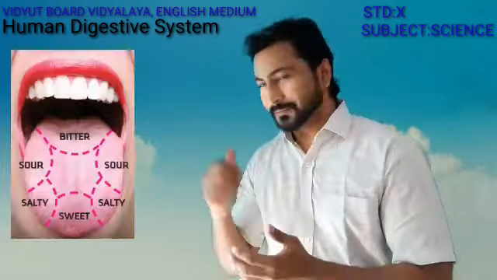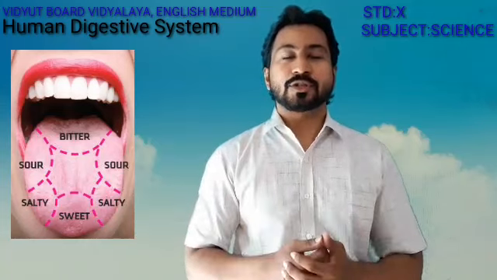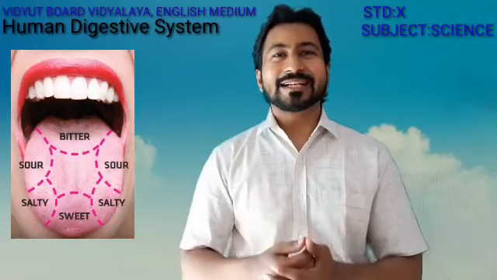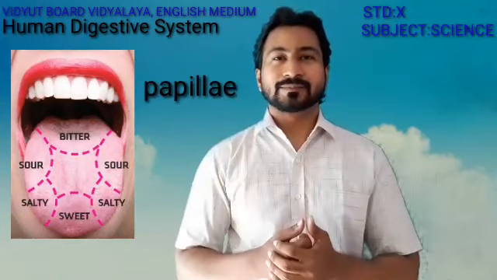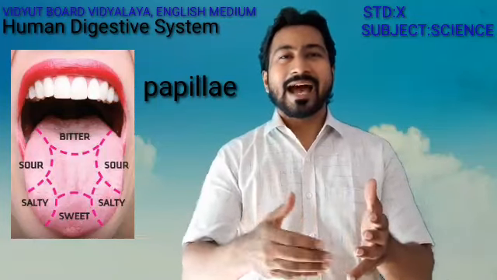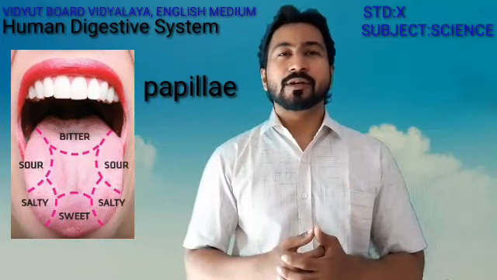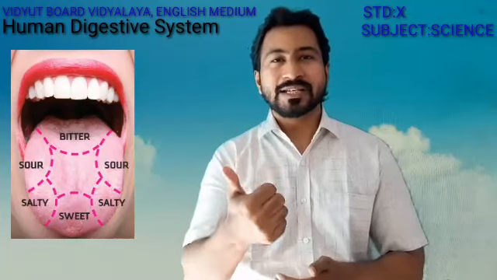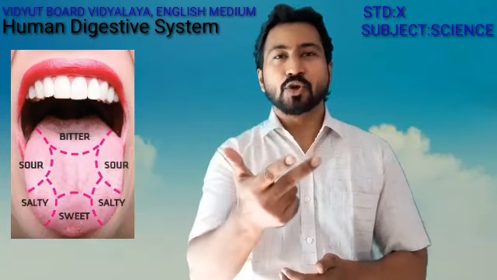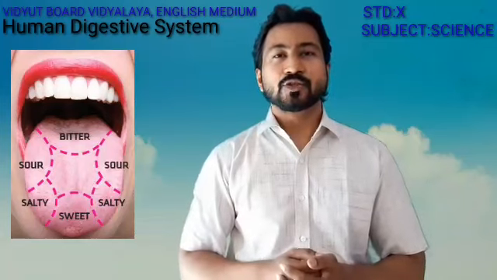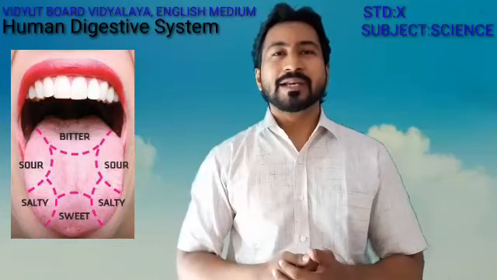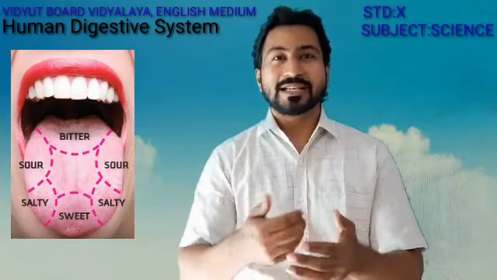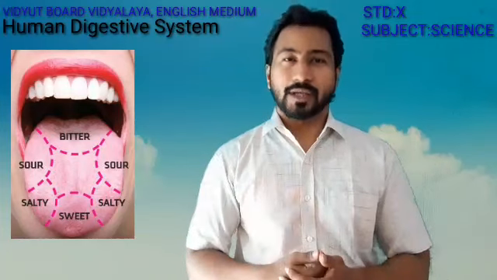The human tongue has a lot of small minute structures on the surface, and they are the papillae. They are mainly responsible for taste, that is sweet, salty, sour and bitter. So these are the 4 major types of taste on the tongue.